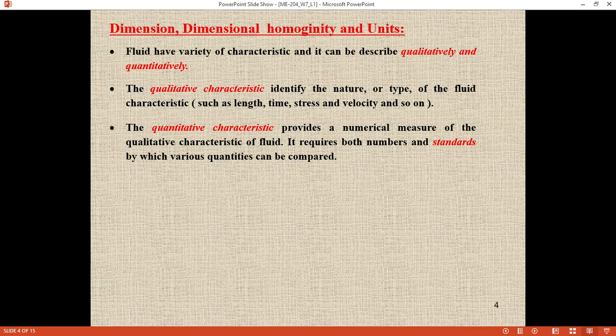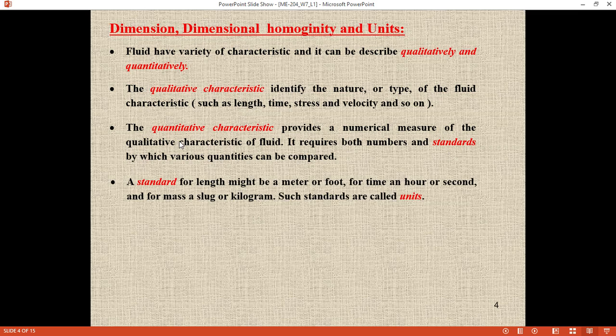So these numbers must be explained with some standards. A standard for length might be a meter or foot, for time an hour or second, and for mass a slug or kilogram. Such standards are called units.